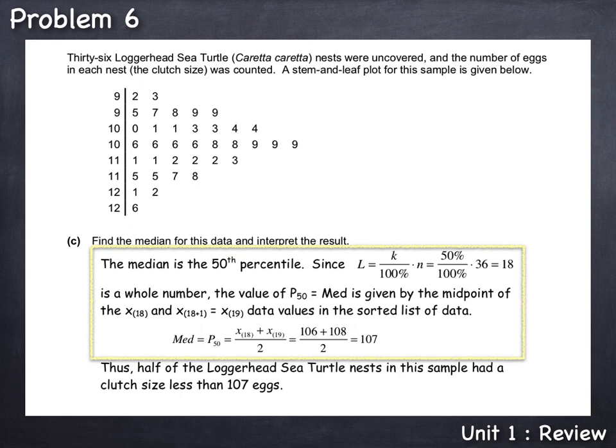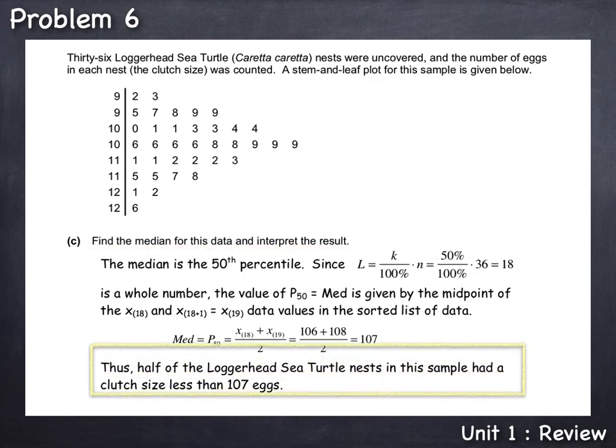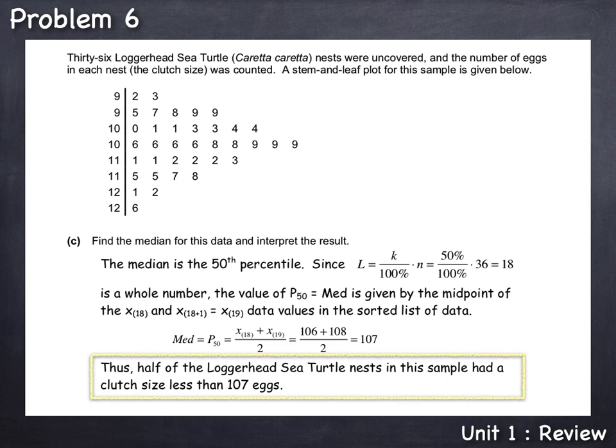All of them would be valid interpretations. But also make sure the interpretation is given in words of the problem. So here, one interpretation for part C could be, thus, half of the loggerhead sea turtle nests in the sample had a clutch size less than 107 eggs.